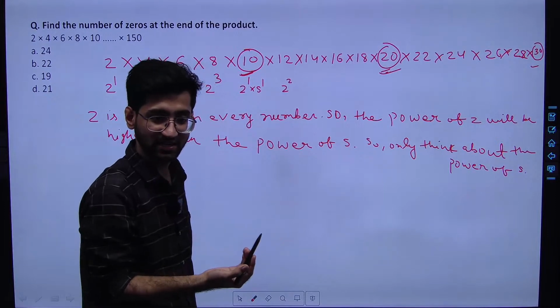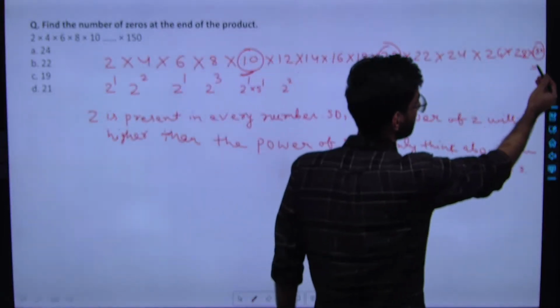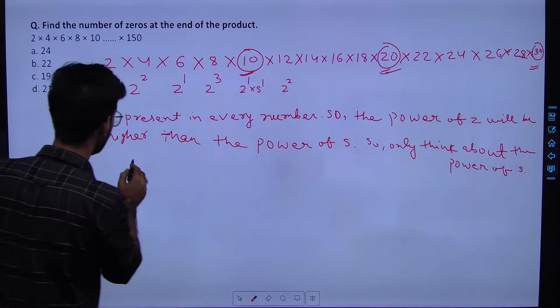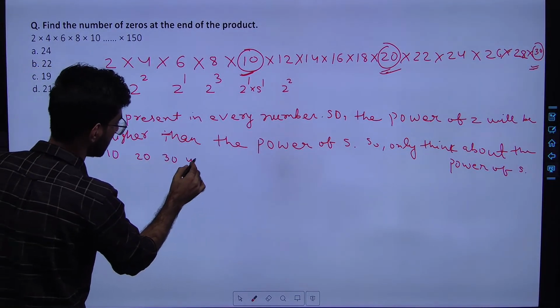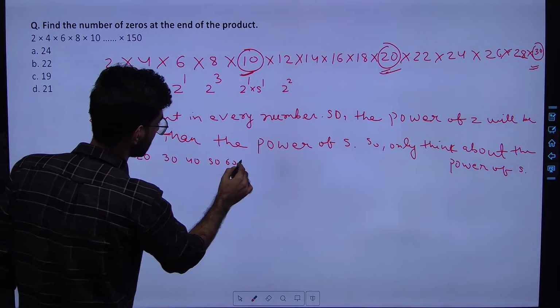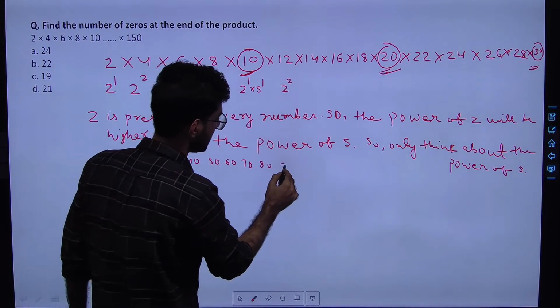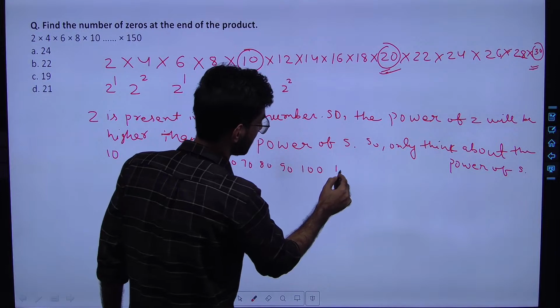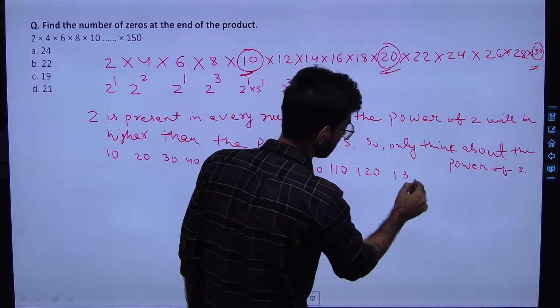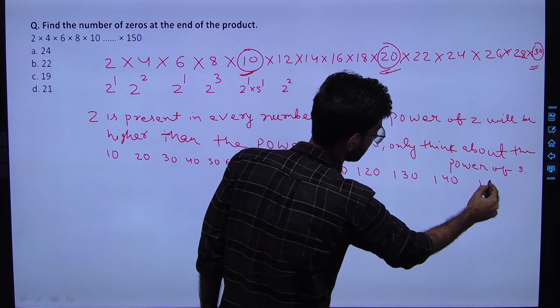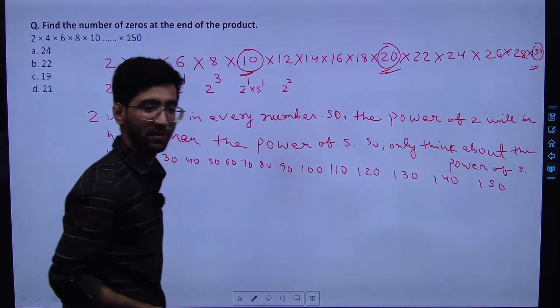Then 5 will be present in 30. So 5 is present in 10, 20, 30, 40, 50, 60, 70, 80, 90, then 100, then 110, then 120, then 130, then 140, then 150, right?